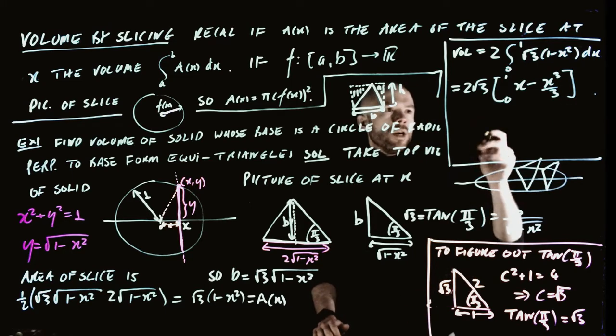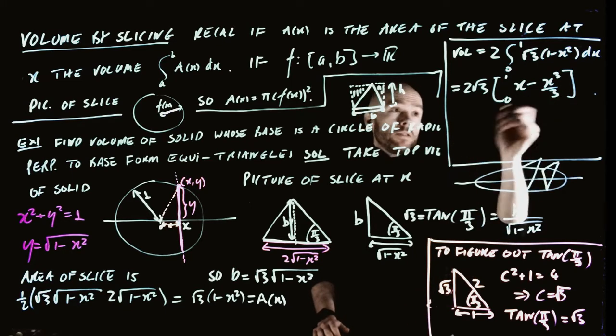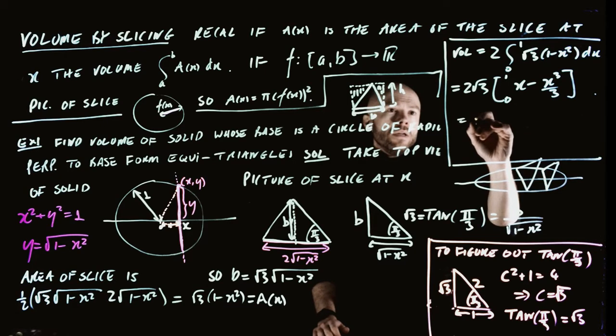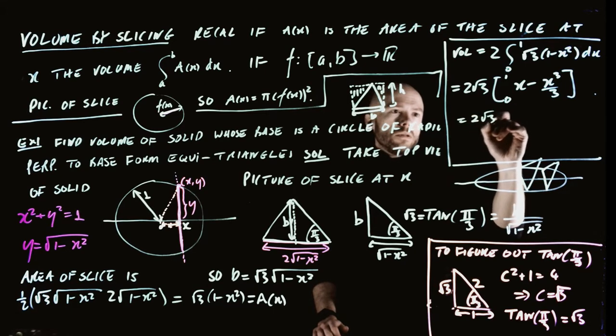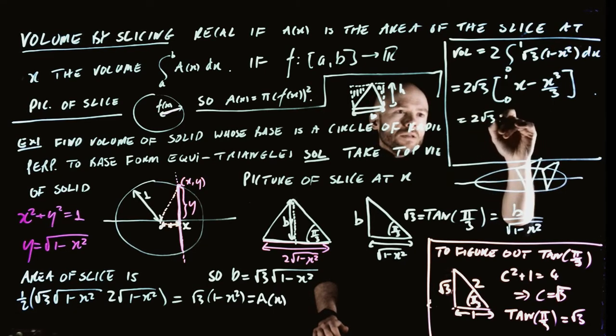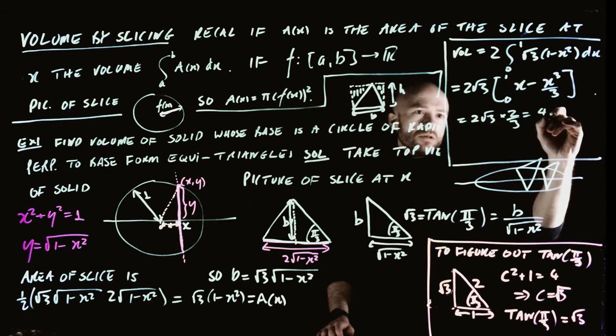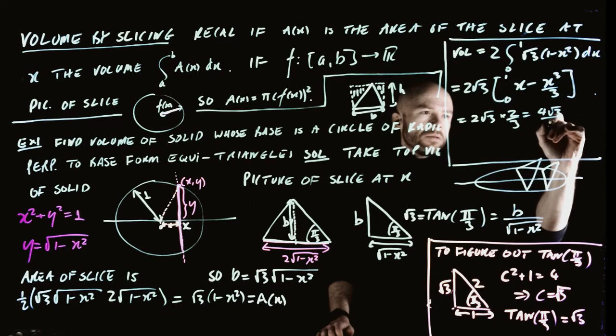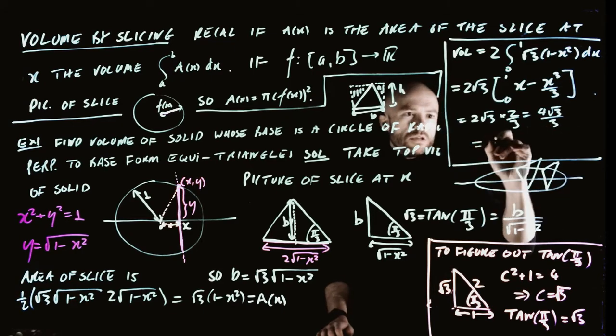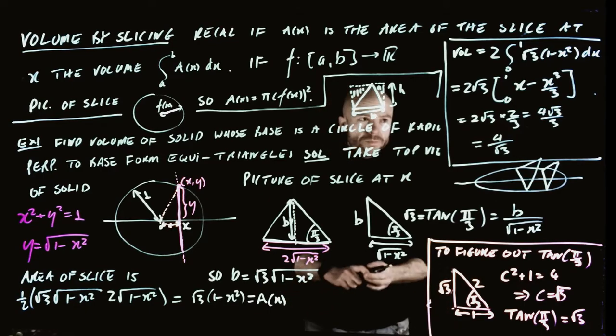If we put in 1, we have 1 minus a third, which is 2 over 3. We put in 0, we get nothing. So then we're just going to have 4 root 3 over 3, which is just 4 over square root of 3. And that's the answer.